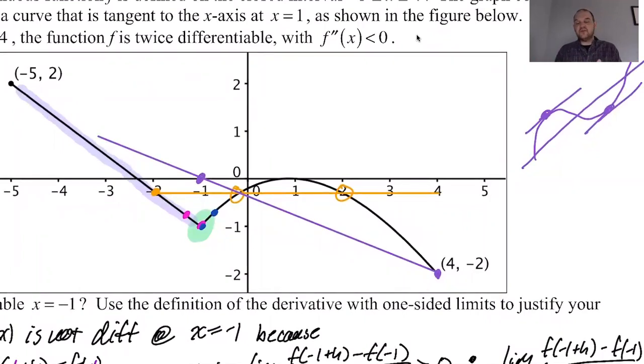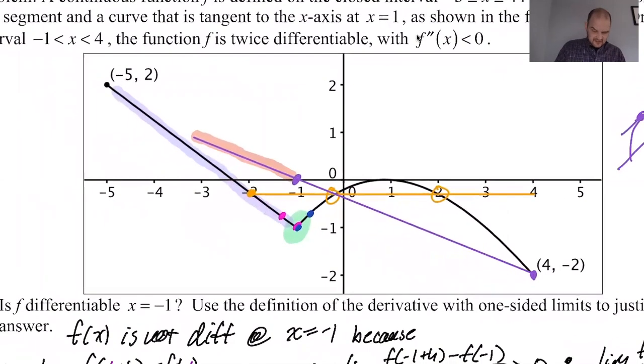Well, mean value theorem only applies if a function is continuous on a closed interval, differentiable on an open interval. We already know the function is not differentiable at -1, which means that anything beyond -1 over here, for example, if we kept going, there would be another intersection point, and maybe I should have done that, but I didn't.